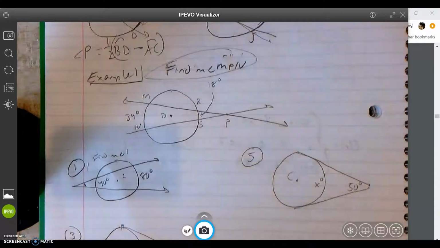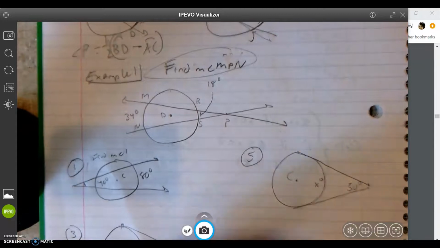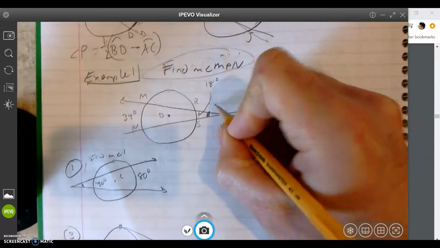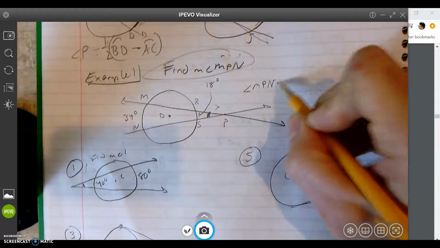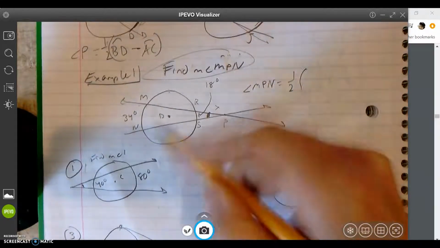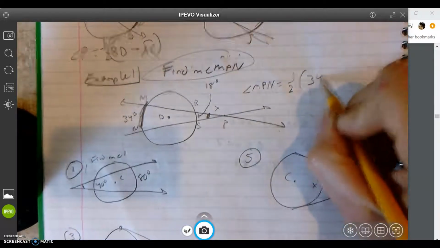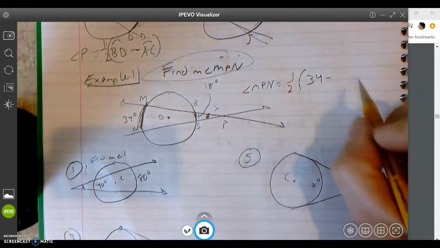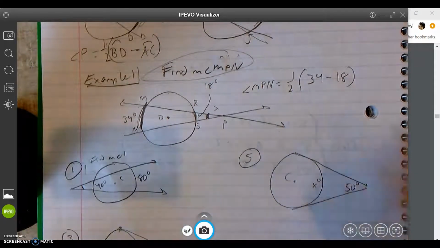All right, cool. So here's the same picture. I just drew it in my notes, like you're going to draw in your notes. So MPN is this angle right there, this small angle, that's X. I know that angle MPN is going to be 1/2 times the difference between this big arc, 34, minus the smaller arc inside here, which is 18. 34 minus 18 is 16.